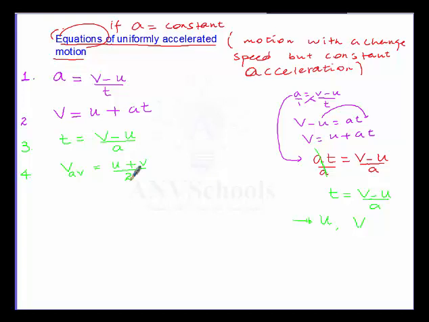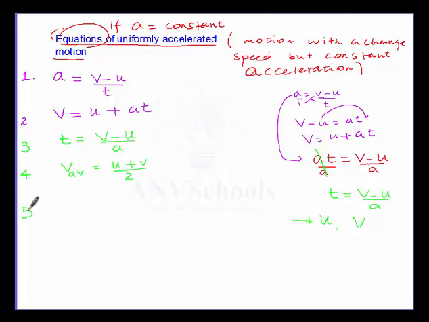When you say average, we mean the sum of these two velocities divided by 2.